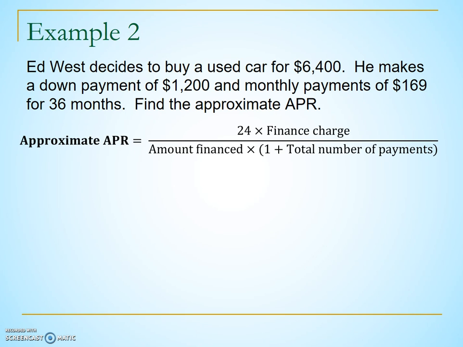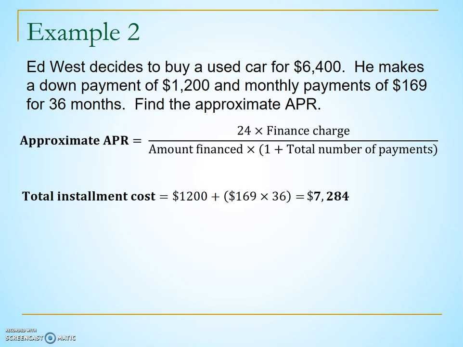To find the approximate APR, we need to first find the finance charge and the amount financed. The total installment cost is $1,200 down payment plus 36 payments of $169, resulting in the total cost of $7,284.